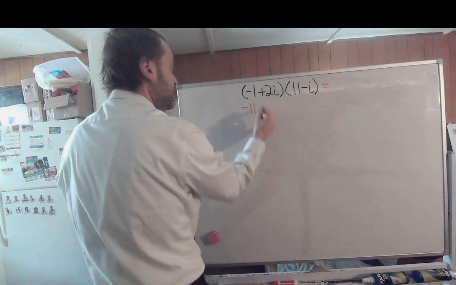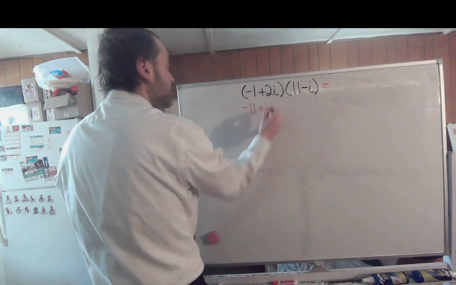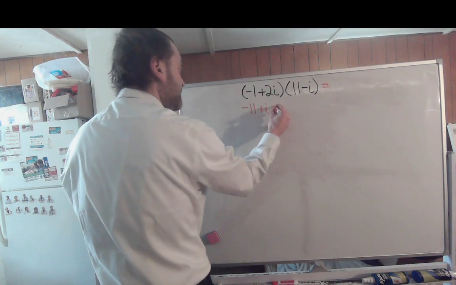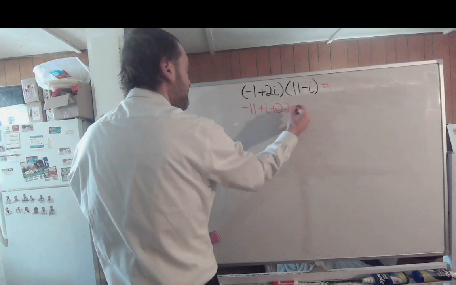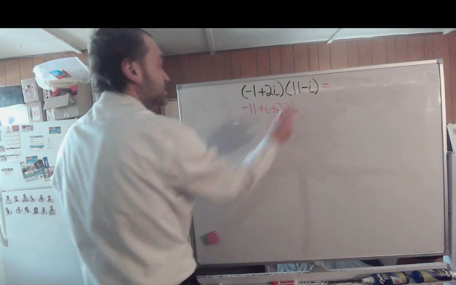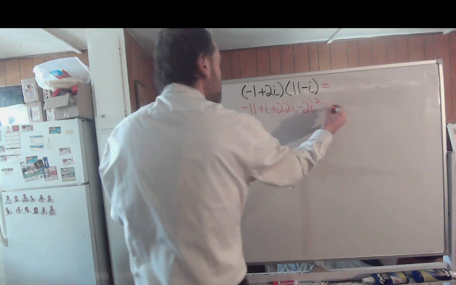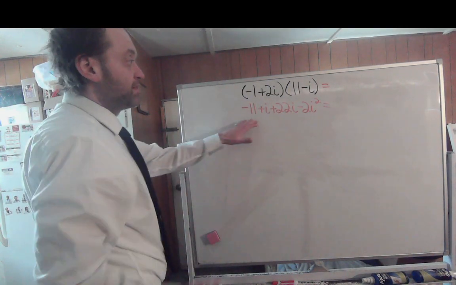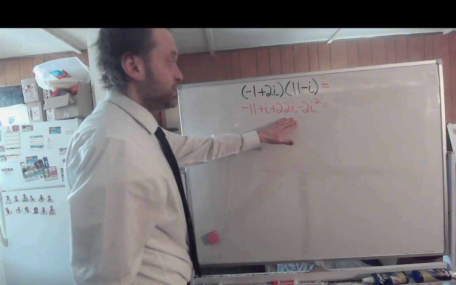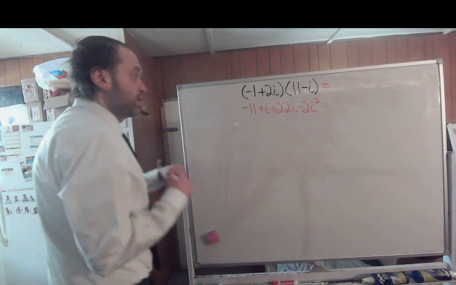Negative 1 times negative i, that's plus i. Then we have 2i times 11, that'd be plus 22i. And then 2i times negative i, that'd be minus 2i squared. So now once we've FOILed, we have negative 11 plus i plus 22i minus 2i squared.